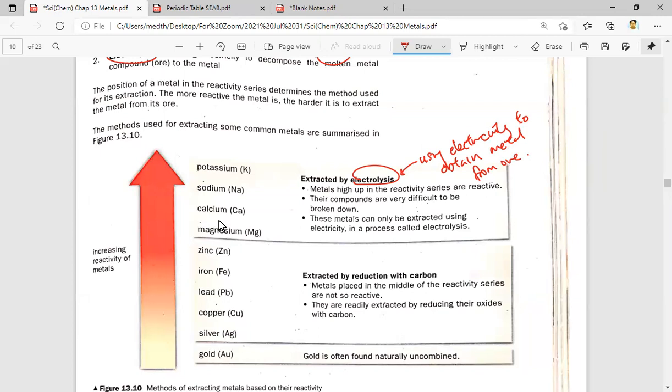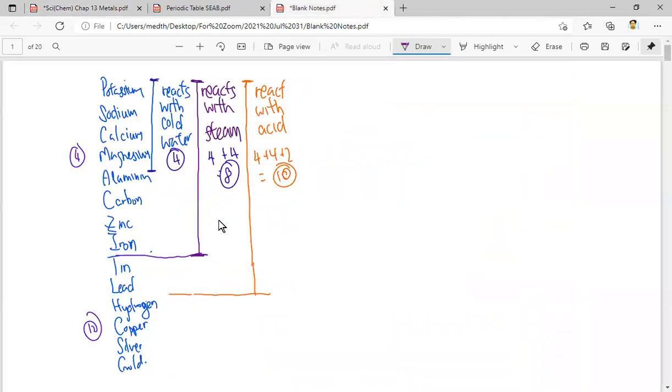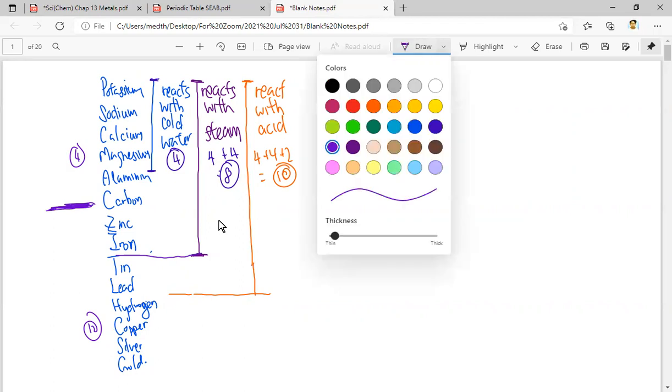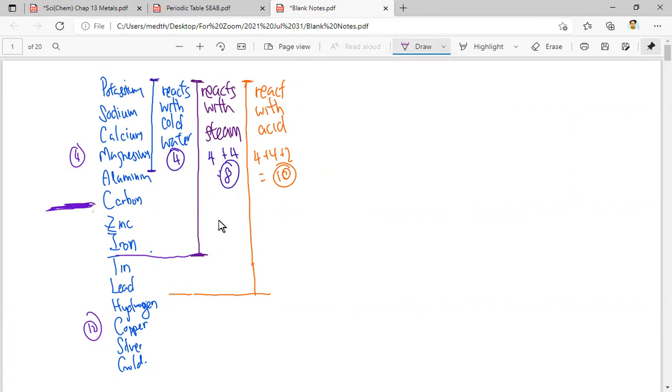Now, why is it that these four use electrolysis, whereas the bottom ones I can use a method called reduction by carbon? Go back to our reactivity series. What you realize is that anything above carbon, I cannot use reduction by carbon because they are more reactive than carbon, meaning carbon cannot kick them out.